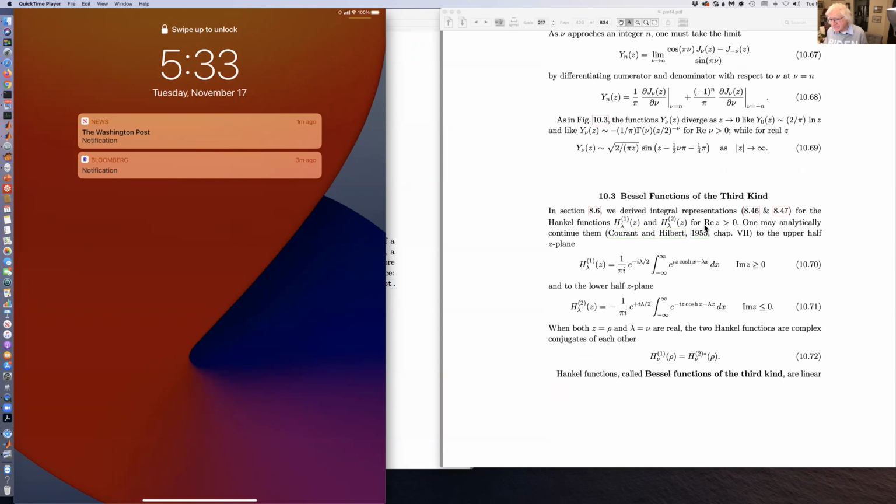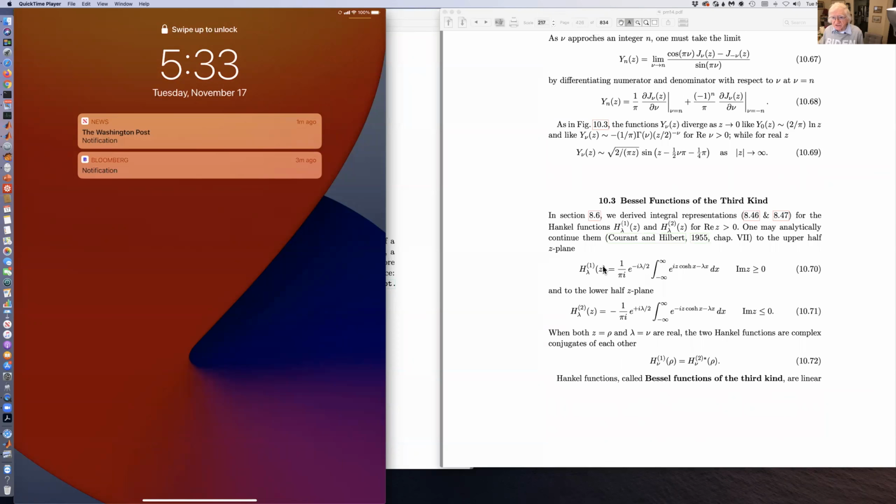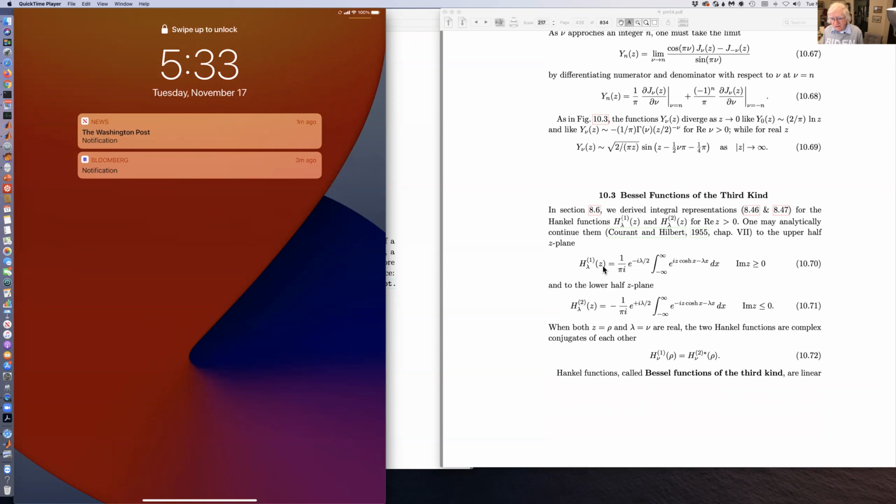Now the Bessel functions of the third kind we've already met, namely these are the Hankel functions that we defined in chapter 8 as integral representations. These are integral representations of these Hankel functions. What you can see here is that this H1, which is a function of z and lambda, is given by this integral.